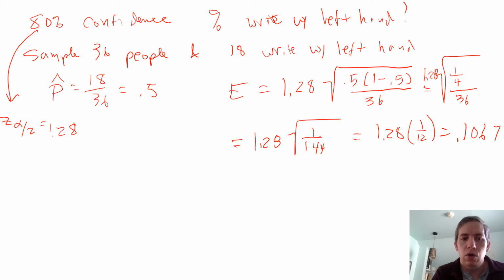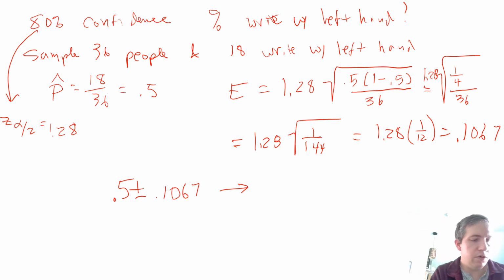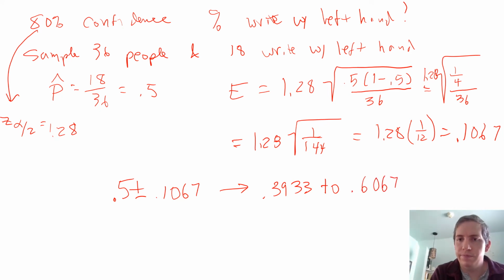Now, your sample proportion was 0.5. So for your confidence interval, you're going to take 0.5, add or subtract the margin of error, which is 0.1067. If I take 0.5 minus 0.1067, I get 0.3933, and if I add that, I get 0.6067.